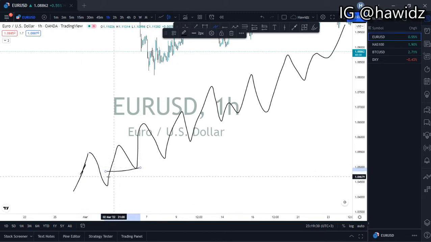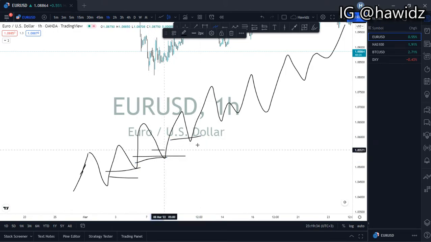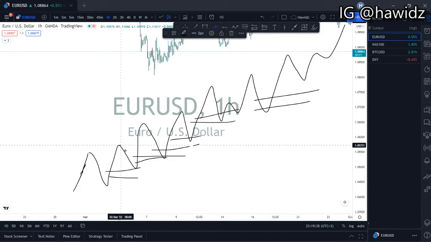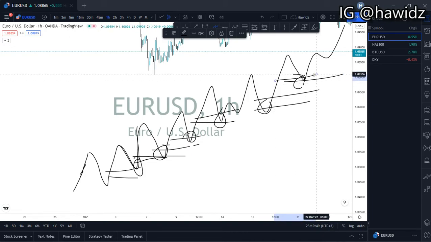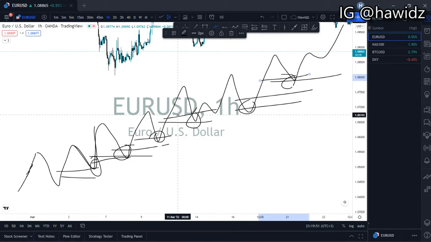They are zones that are practically found in between or at the bottom of these continuation moves, where we simply want to be positioning ourselves to catch the buys, right? We catch the buys, we take them to the upside, right? So these are the areas that we want to be looking for demand zones.